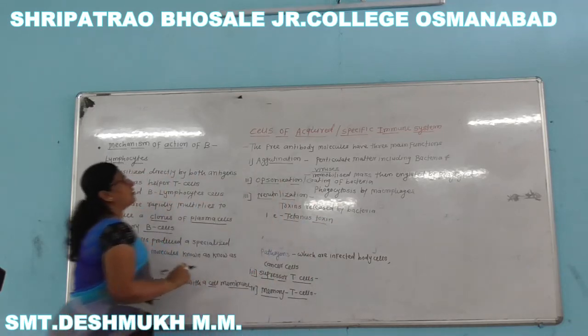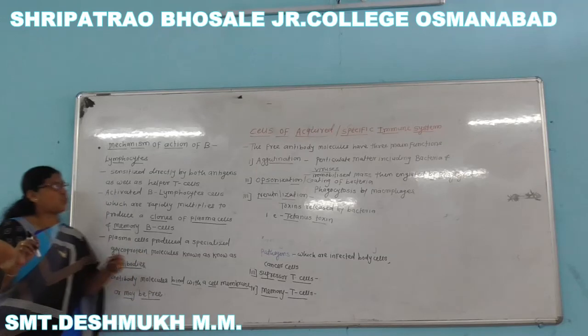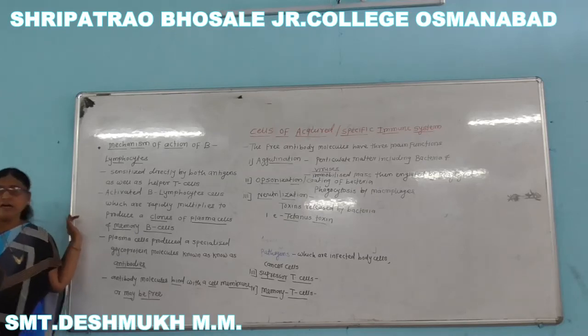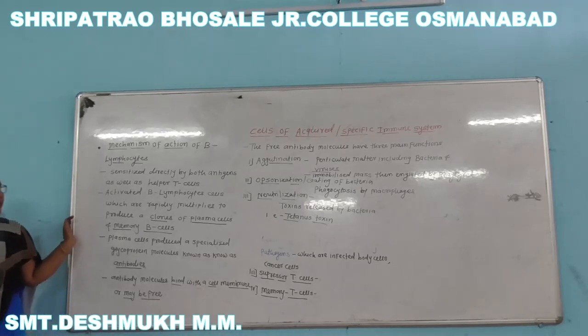These are the three main functions of free antibody molecules: first agglutination, second opsonization, third neutralization.